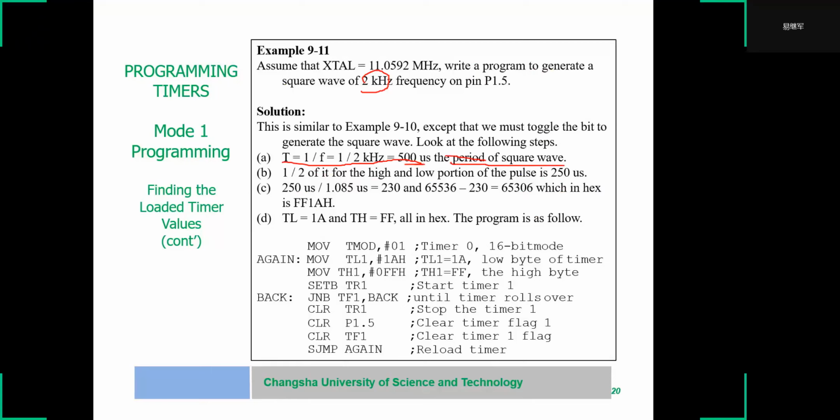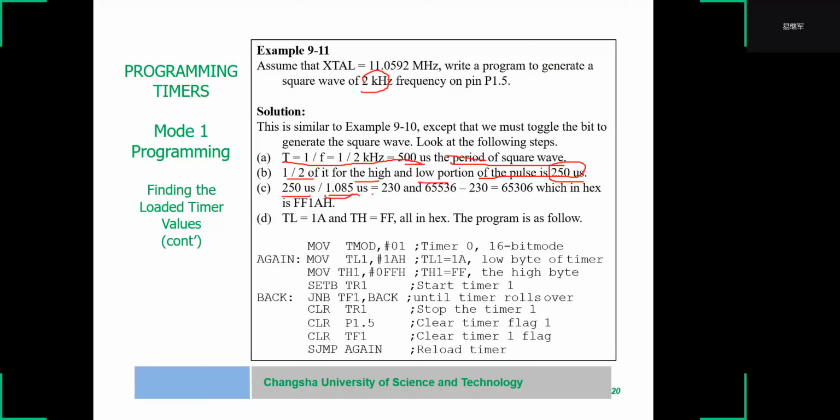To divide it in half for the high and low portions of the pulse is 250. 250 divided by the machine cycle gets the counter number.